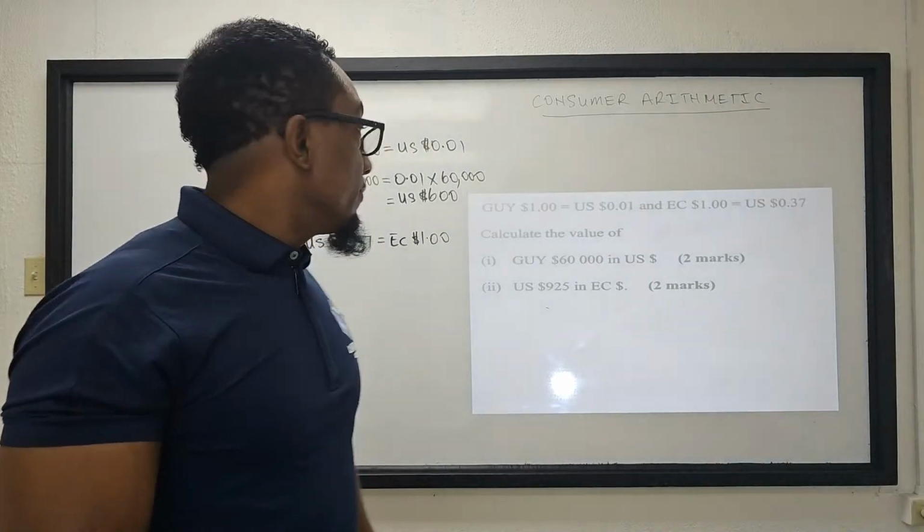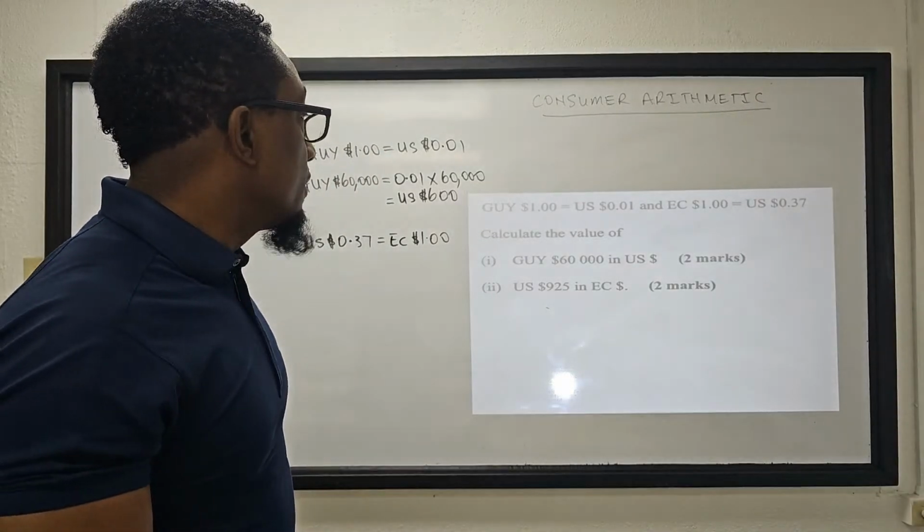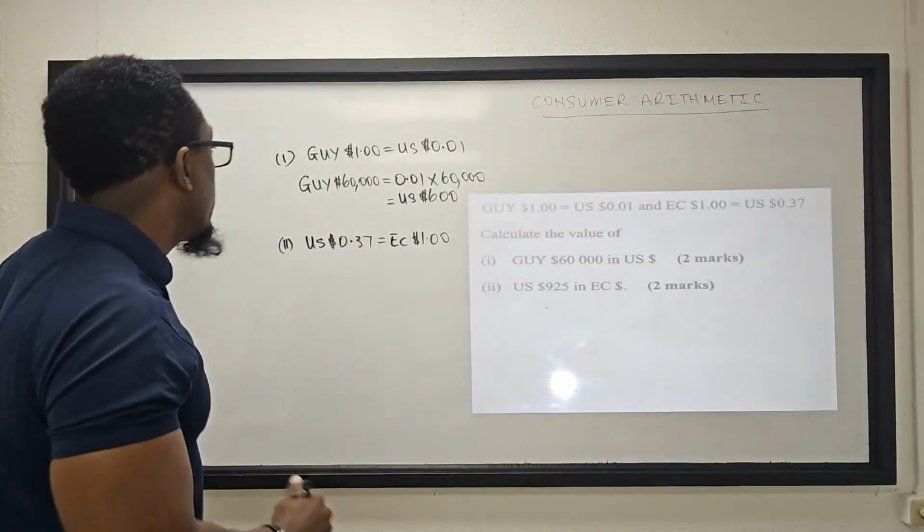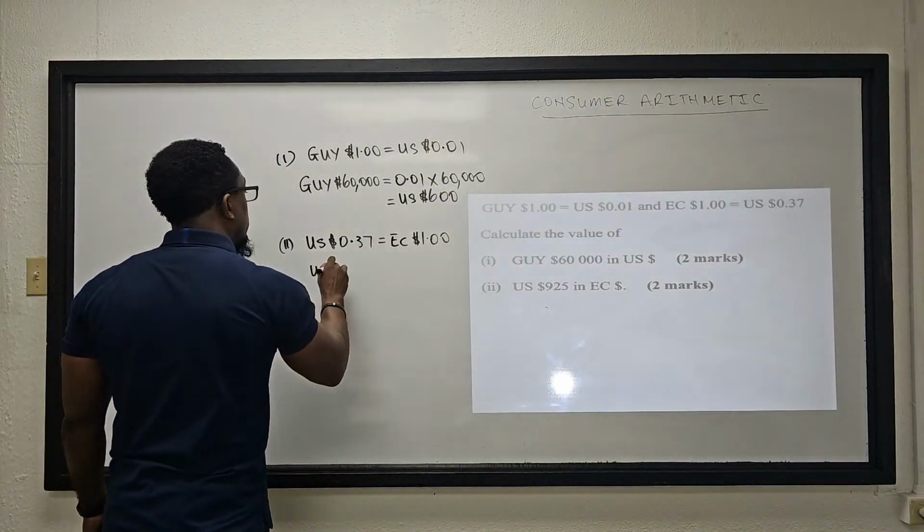$1, and therefore for us to determine what US $925 is equal to, let's determine what US $1 is equal to.